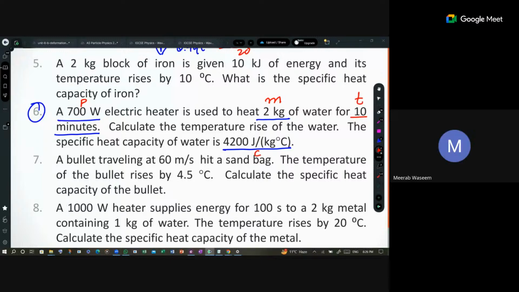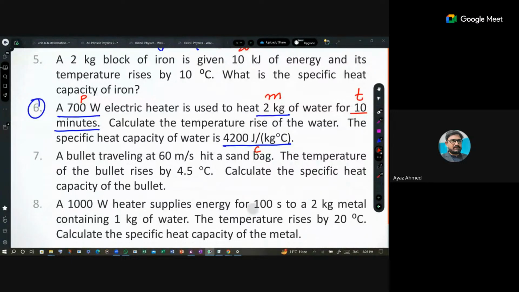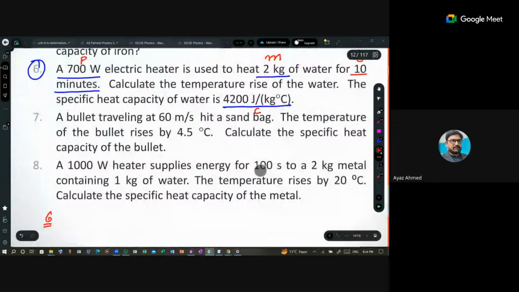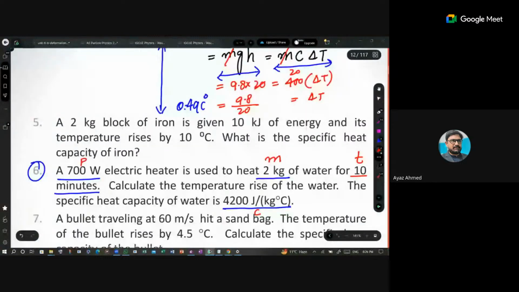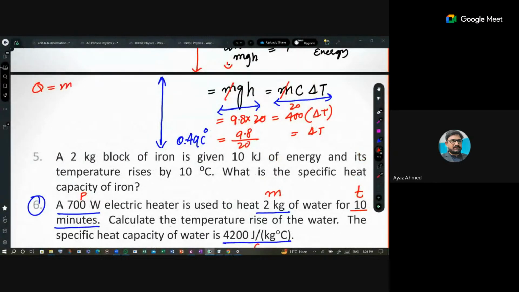Specific heat capacity. Can you please tell me which equation will be used? I have stated the equations for you. Q is equal to MC delta theta or MC delta T. PT is equal to MC delta T, and VIT equals MC delta T. Which equation will be used, either one, two, or three?